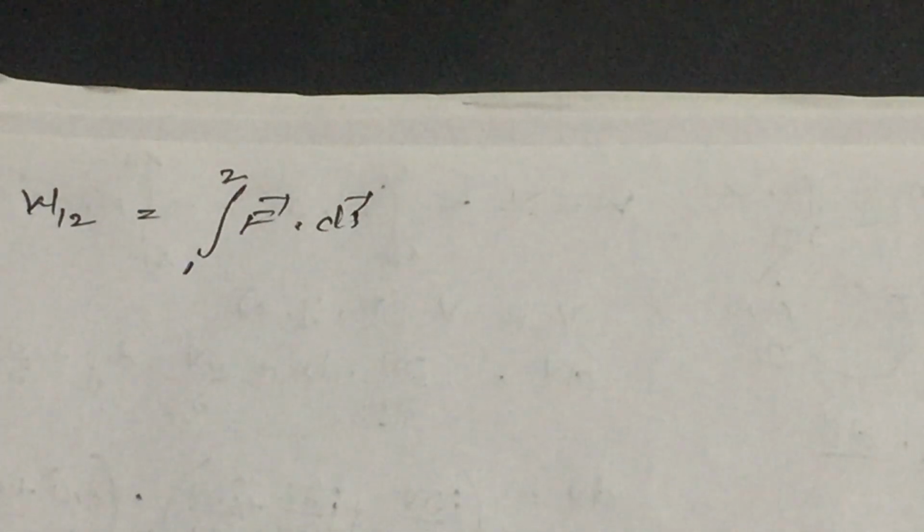How will we give the relation between initial potential energy, final potential energy and the work done? Here the work done from point 1 to 2, if we shift the particle from position 1 to 2, will be equal to the integral of F dot ds with lower limit 1 and upper limit 2.